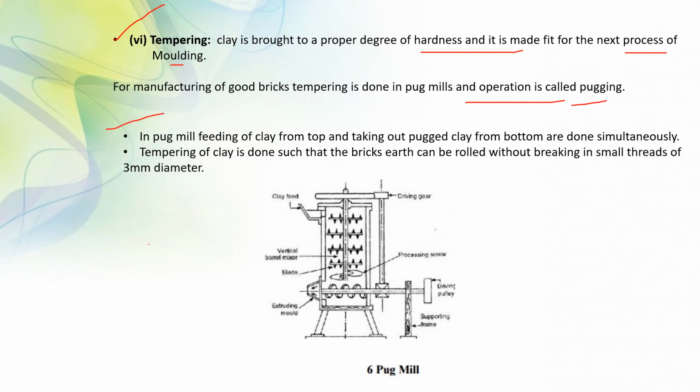So there are some points given below. In pug mills, feeding of clay from the top and taking out pugged clay from the bottom are done simultaneously. Tempering of clay is done such that the brick earth can be rolled without breaking into small threads of 3 mm diameter. There is a picture of a pug mill.